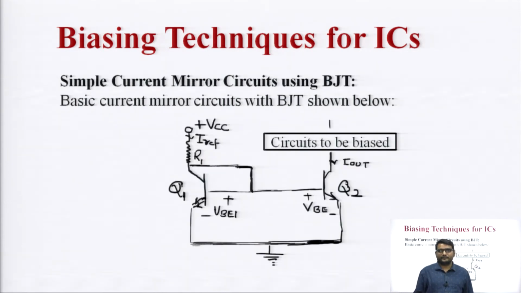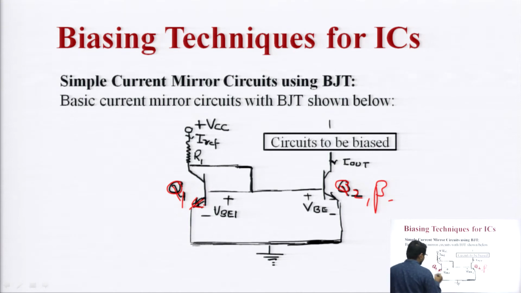Now, next we consider a simple current mirror circuit. This is the simple current mirror circuit with two identical transistors Q1 and Q2. Identical means both transistors have the same value of beta. Diode action takes place in transistor Q1.